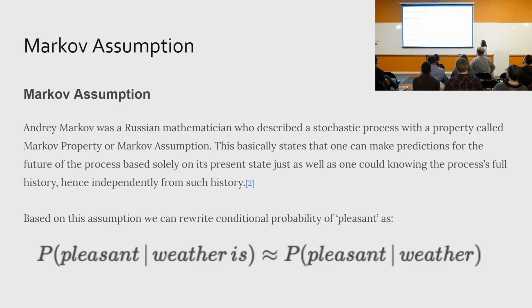Which means the probability of pleasant given the weather is almost the same as the probability of pleasant given just the word weather. So we have this simplifying assumption where we say, let's just look at a certain number of n-grams, which means we have a window where we look at 2 words together, or 3 words, or 5 words together, but definitely not 50 words together, because that's overkill and it's really hard to process all of that information together.